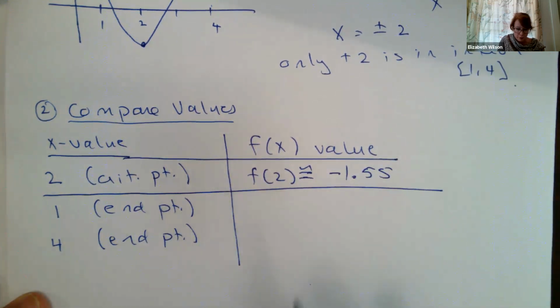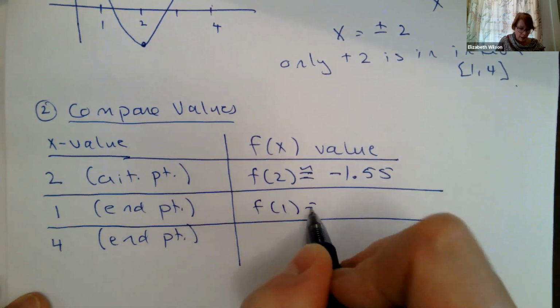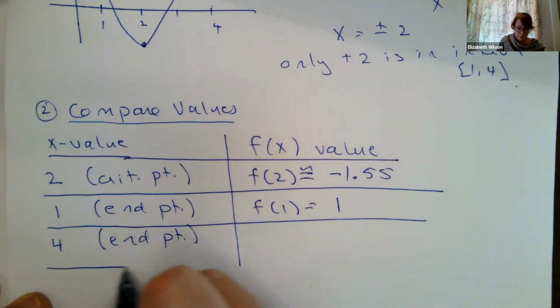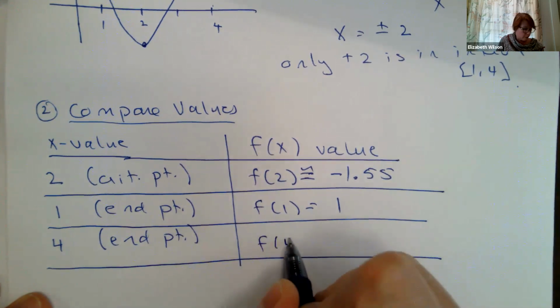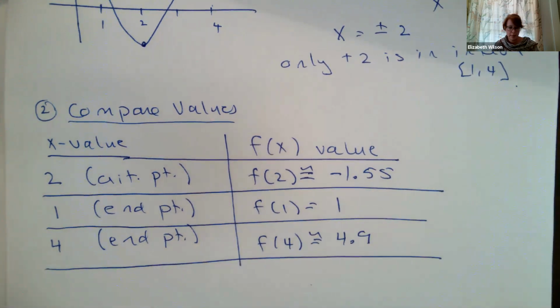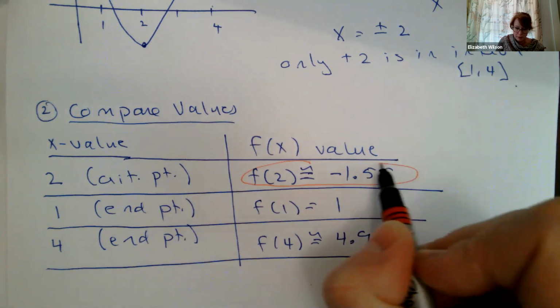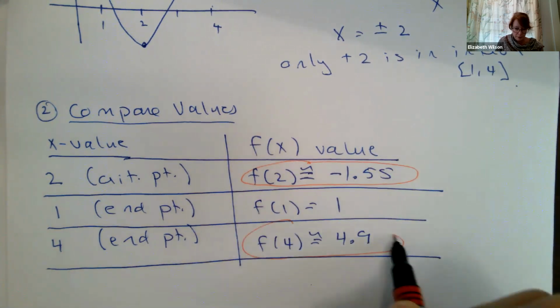Don't rely on the graph. Make sure you're actually showing the table. Do f of 1. It's equal to 1. And then f of 4 is equal to approximately 4.9. Okay, so from my table, I'm going to look to see which one's big and which one's small: smallest value along the table, biggest value along the table.